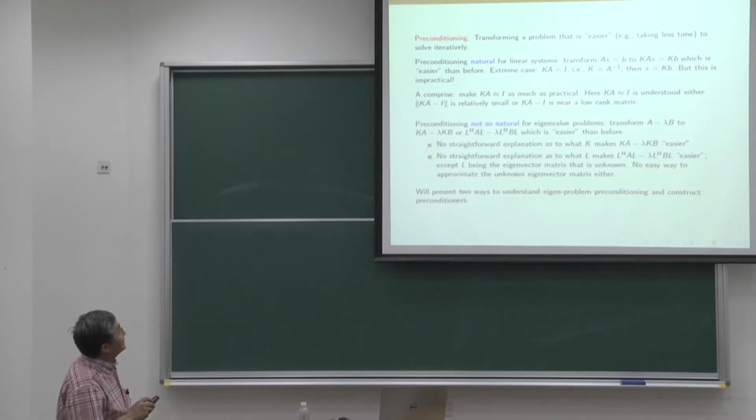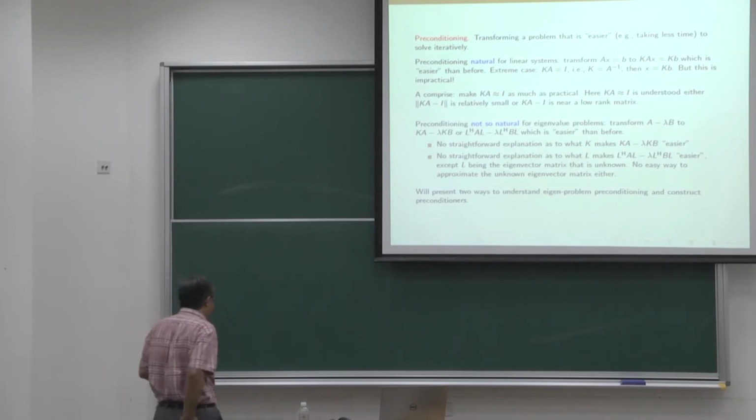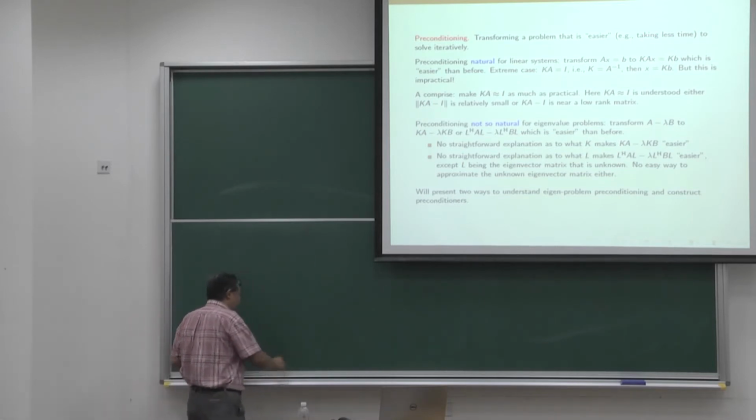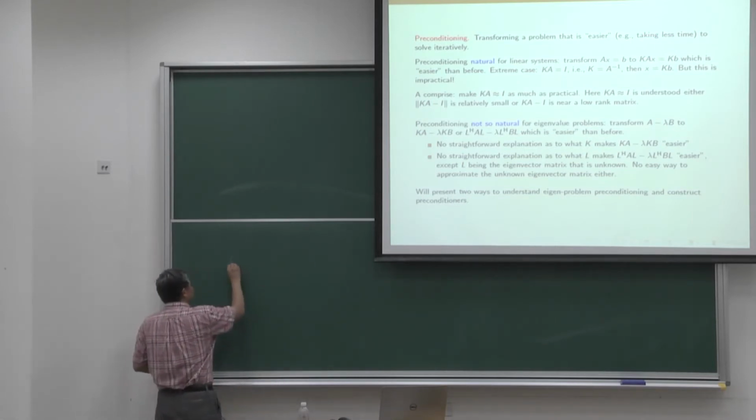There are two meanings of KA almost equal to identity. One is that KA minus identity is very tiny in magnitude. The other is that KA minus identity is almost a low-rank matrix, very low rank. Why are low-rank matrices so important? That again comes to the polynomial.